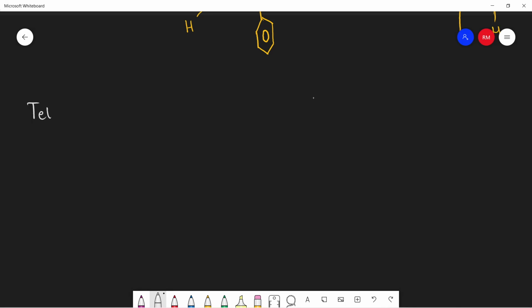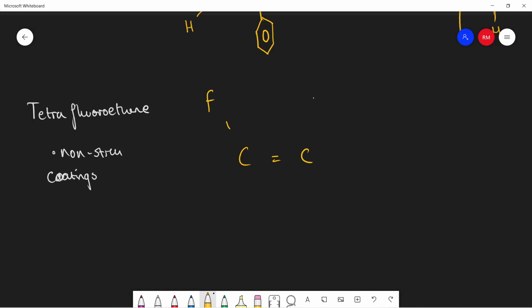So we have tetrafluoroethylene, and this is typically used for sort of non-stick coatings on your frying pans, on cooking utensils, so forth. And this is just a fluorocarbon. So what I mean by that is it contains only carbon and fluorine.